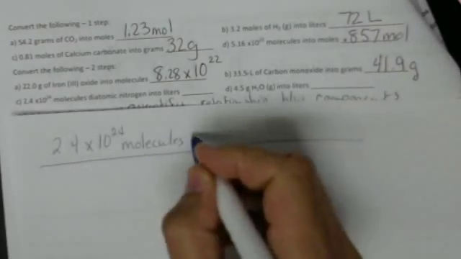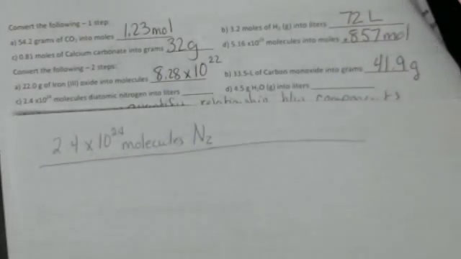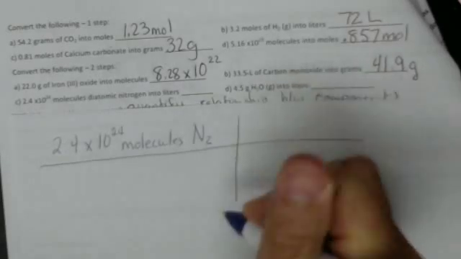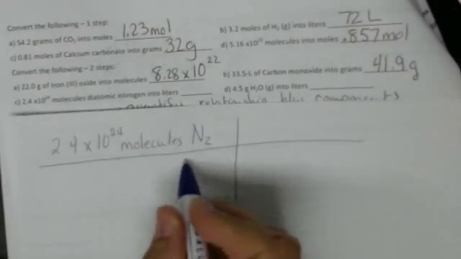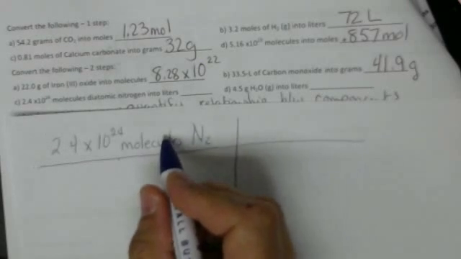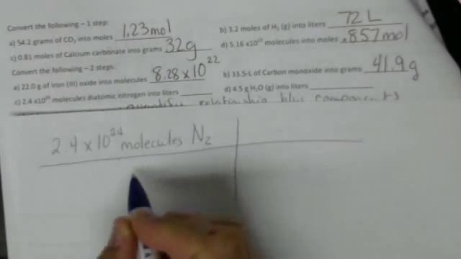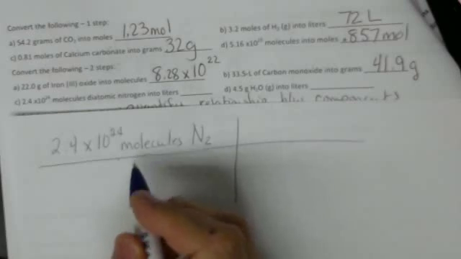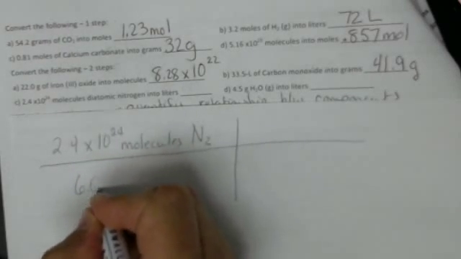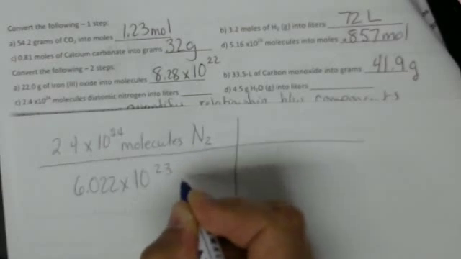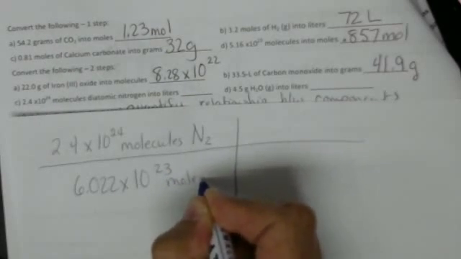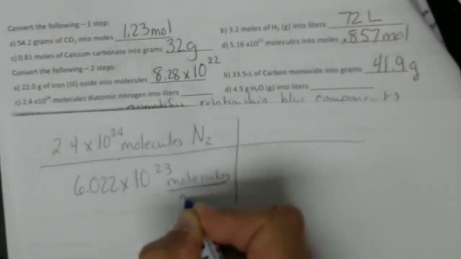So the first thing we have to do is our given, and then how are we going to make molecules into moles? We have to divide molecules by something. We're going to divide it by Avogadro's number. So that is molecules per mole.